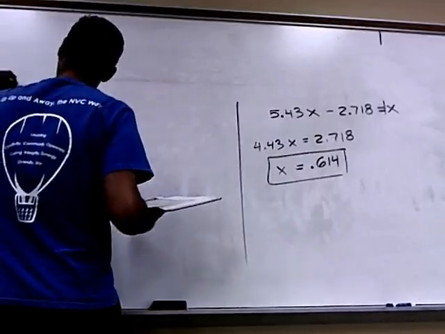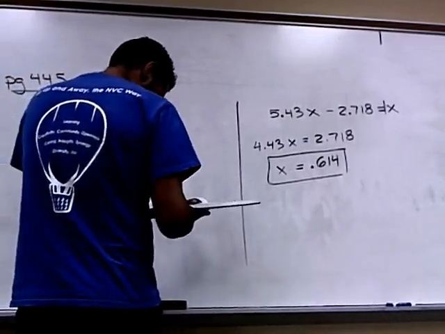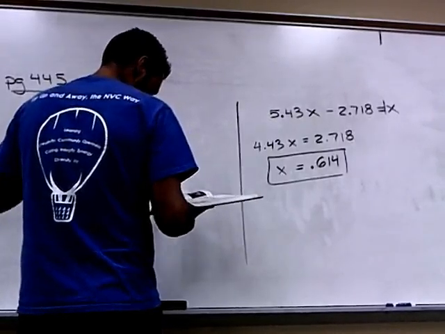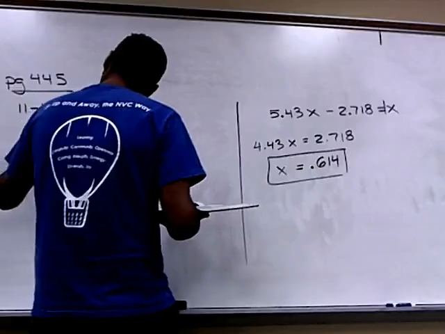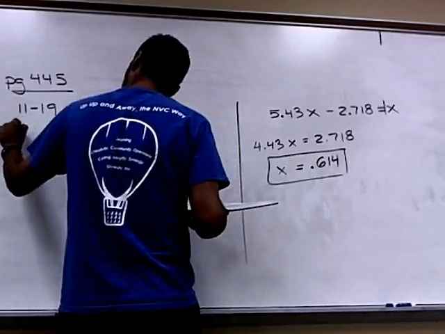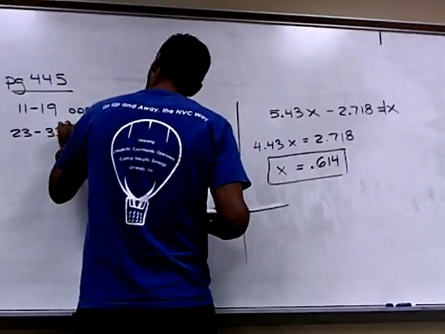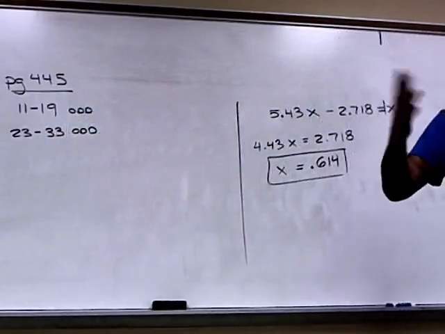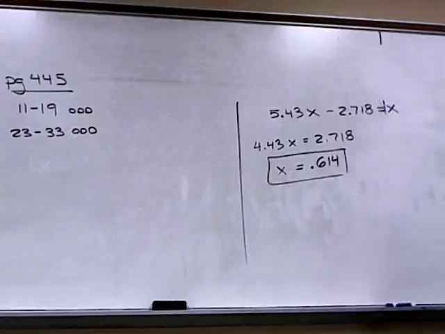On page 445, you should take a look at 11 through 19, odd, 23 through 33, odd. Now, all those problems are asking for is for you to convert from one form to the other. It's just like, here's exponential form, write it in log form. Don't do anything else. So those will go pretty quick.